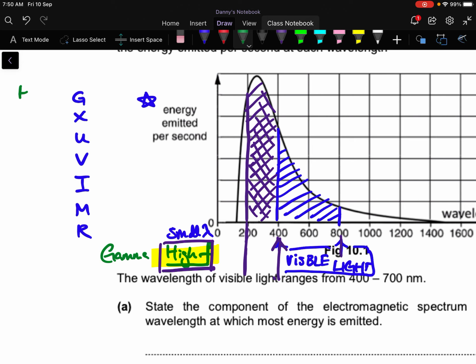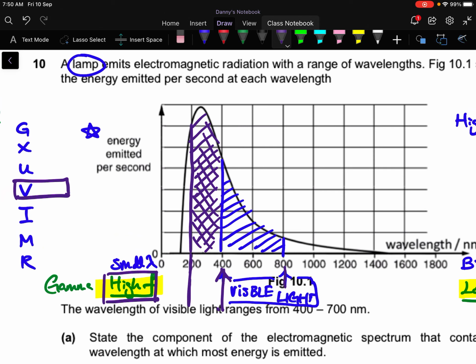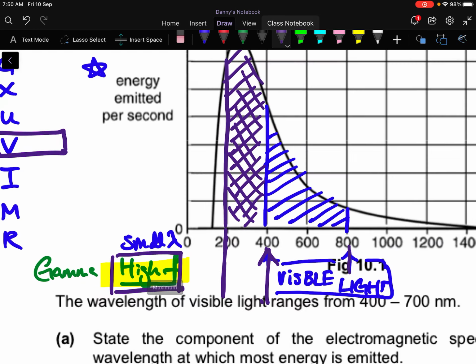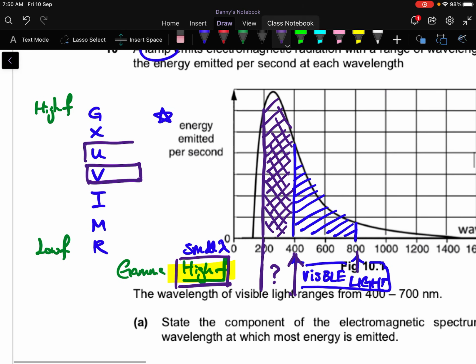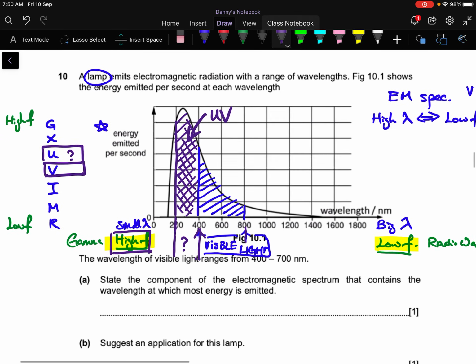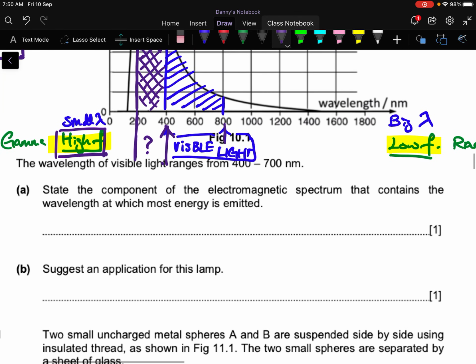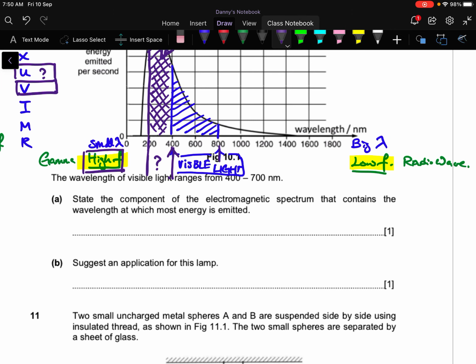Gorilla X urinate violently in my room, right? So this is my high F, this is my low F. I was told that this is my reference. If I want to know what this is, I need to select a wave that is of higher frequency than visible light. So therefore, the one that I need to select is this. This is my unknown. So therefore, this portion over here most likely is my ultraviolet light, right?